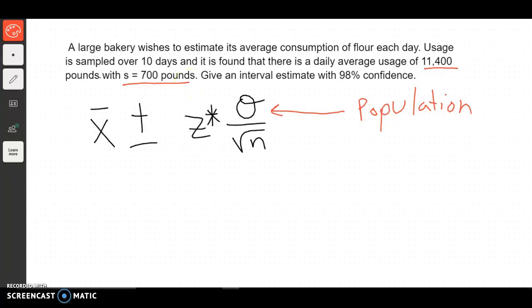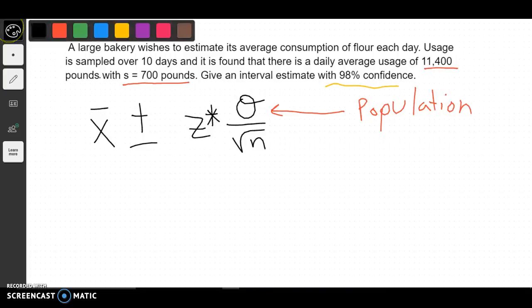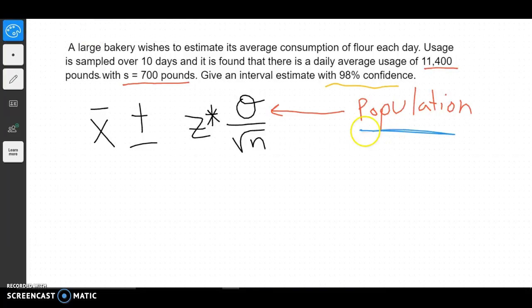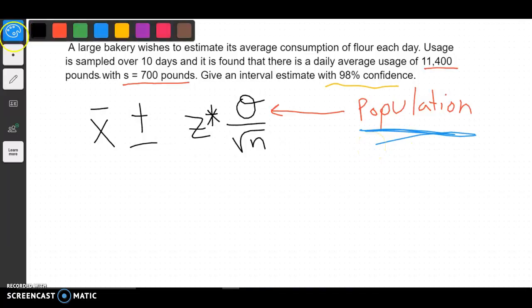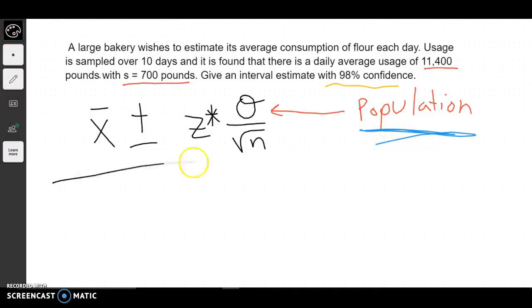And they want us to give an estimate of the confidence interval. So we can't use this formula, because this formula is really used when we know the population standard deviation, and we don't know that. So we're going to use what's called a t-distribution.